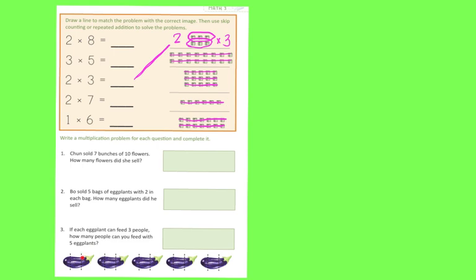Note that the groups here come after in the problem, and the each comes first in this problem. So be sure you write it as your groups times each. Remember, groups times each equals total.